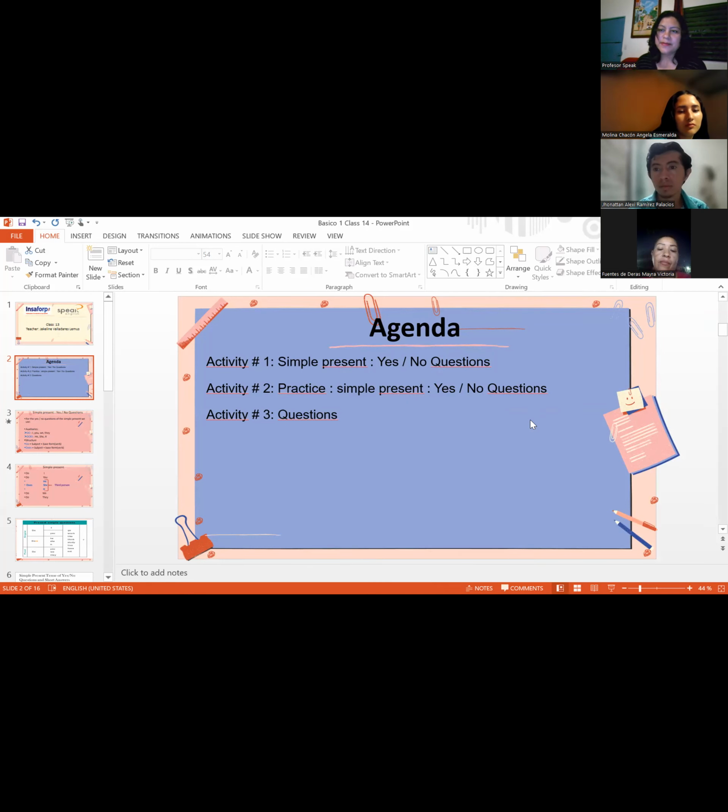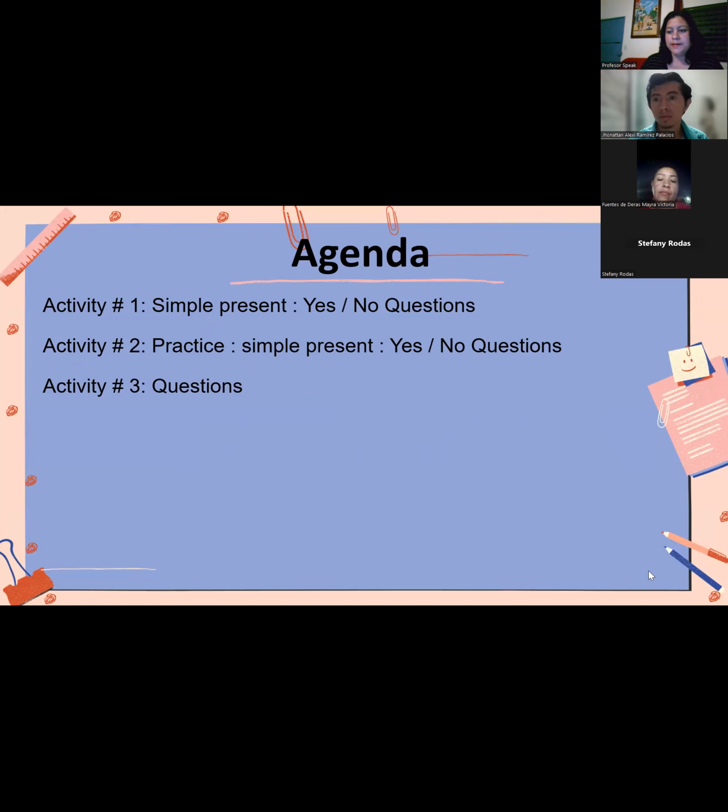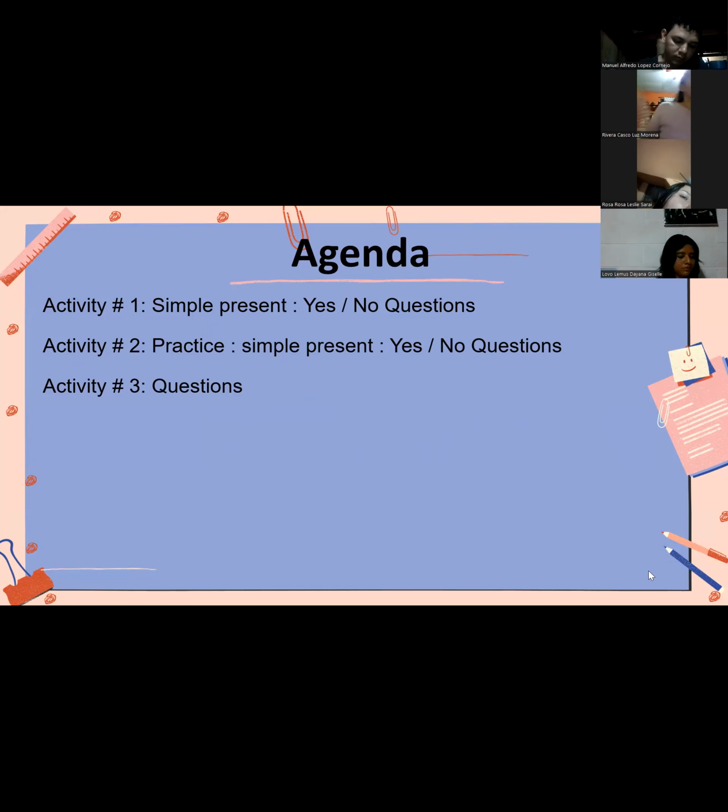Yesterday, we were talking about the simple present, the negative form, and today we are going to talk about the simple present, yes or no questions, okay?